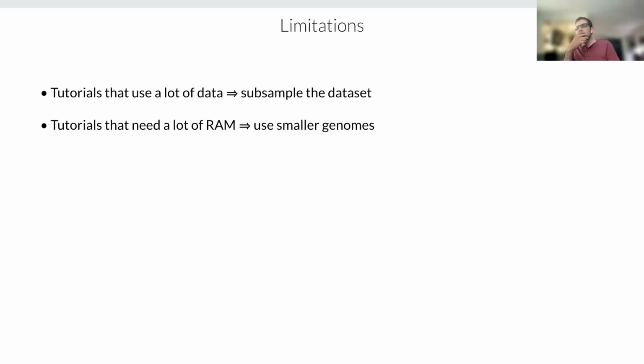So there are quite a few limitations here that I'll talk about. The first two are not that bad. If you have a lot of data for a tutorial, it's probably best to subsample the data so you're not overwhelming the user's browser. Similarly, if you're using a lot of RAM, like if you're aligning some sequencing data to the human genome, that is probably going to take like 4 gigs of RAM.